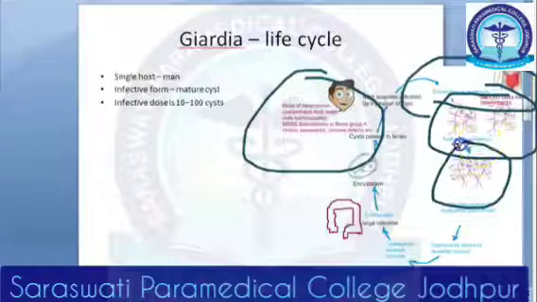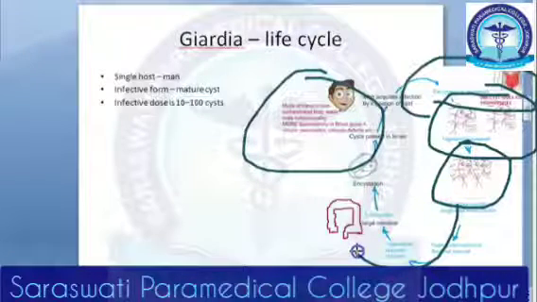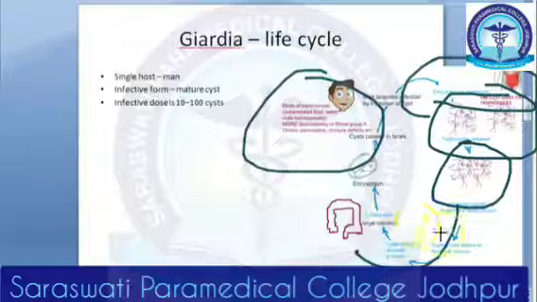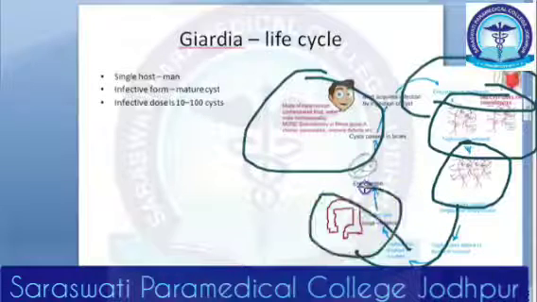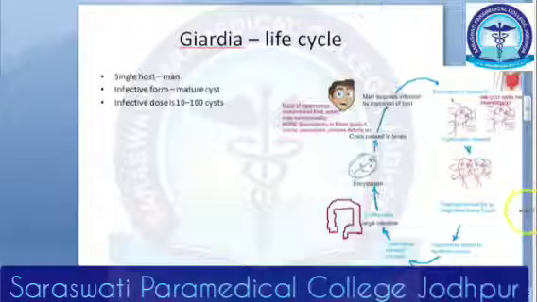Trophozoites will divide by longitudinal binary fission and they'll multiply. These trophozoites will adhere to the small intestine with that sucking disc. Some of them will be in the lumen and they will move to the large intestine where they will become cyst again and they will be passed in the feces. That's all in the life cycle.